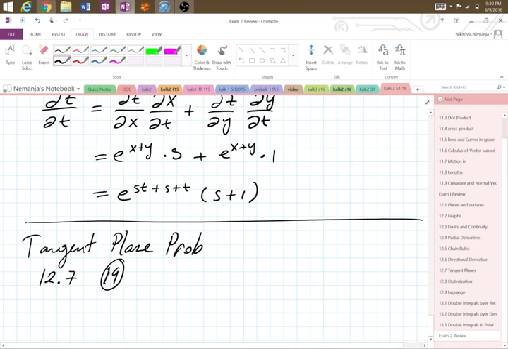Is that one? Yep. So z is equal to e to the xy. We are looking to find two tangent planes, at the points 1, 0, 1 and 0, 1, 1.